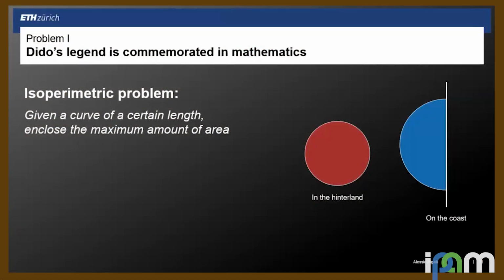The solution to this problem is just given, you see, by this picture. It depends where you are. So if you're on the coast, you can take advantage of the sea, and then you're going to draw a semicircle on the coast. That's better than what you can do in the hinterland, because in the hinterland you cannot take advantage of the coast, and so then the solution is a circle.